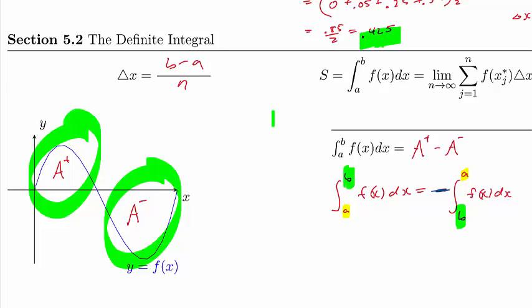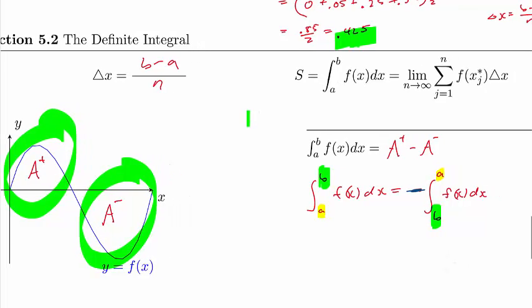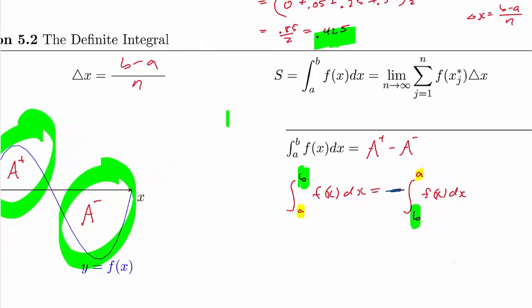Now let's ask ourselves, why is this the case? Well, let's think about our delta x. Let's go back to the definition that we have here. Delta x, as part of our definition here, is b minus a. So this first delta x is b minus a divided by n.